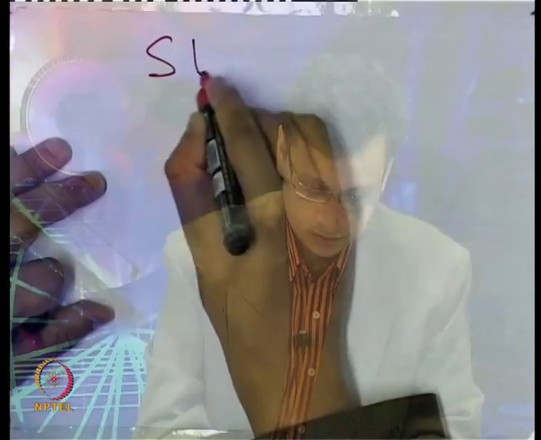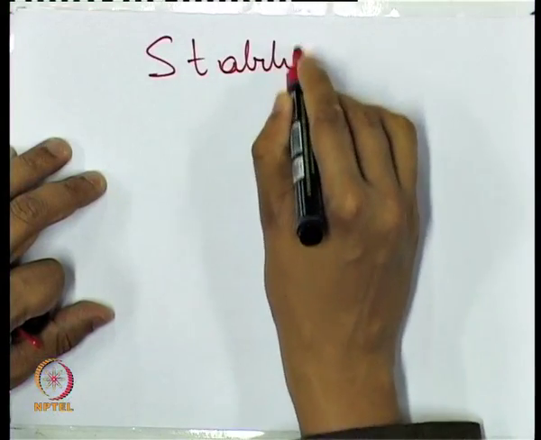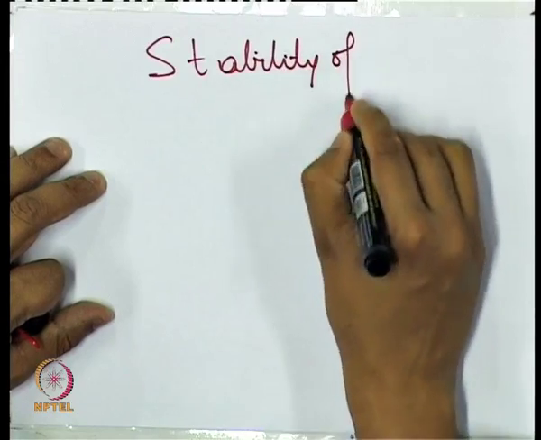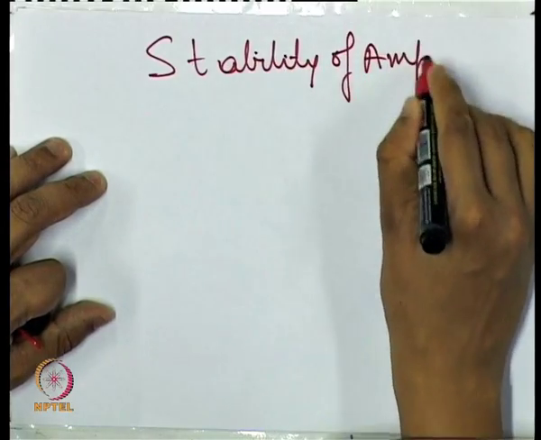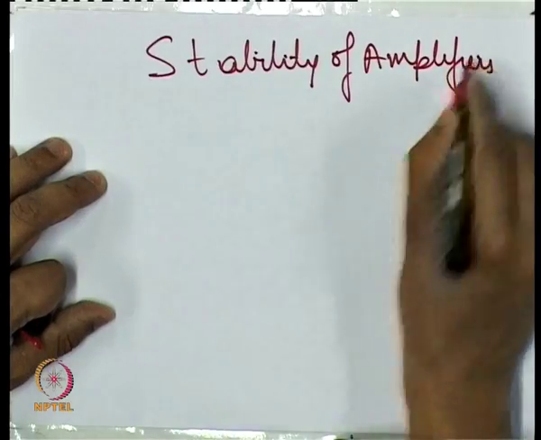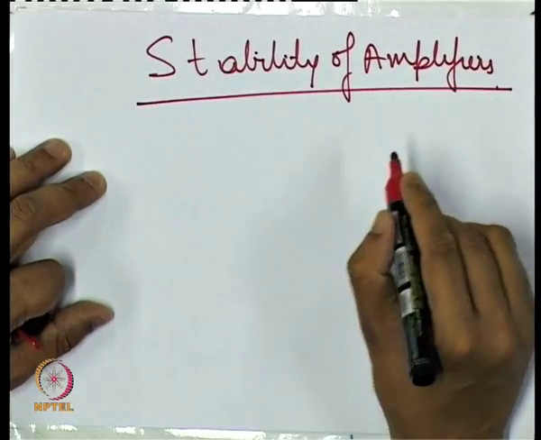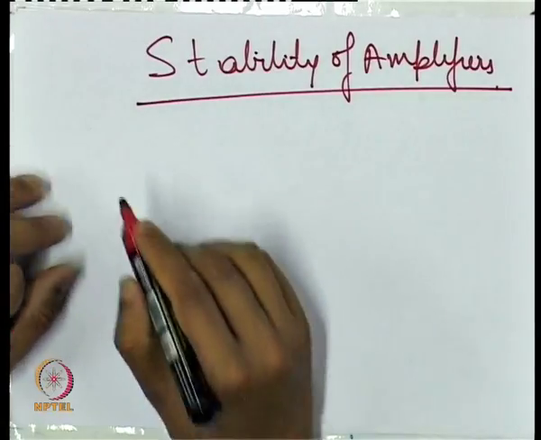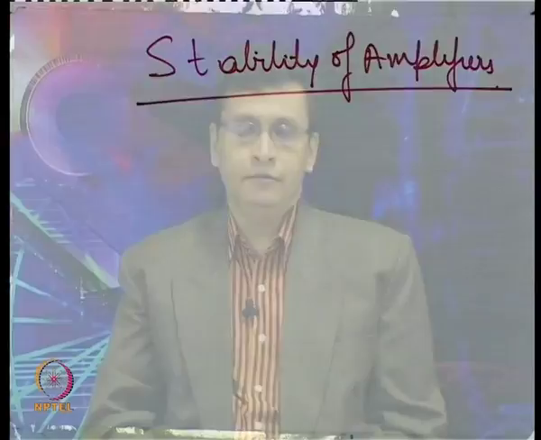So what do you mean by stability? When I say stability, it means that if you give an input, the output should be bounded. In other words, for bounded input, the output should be bounded.